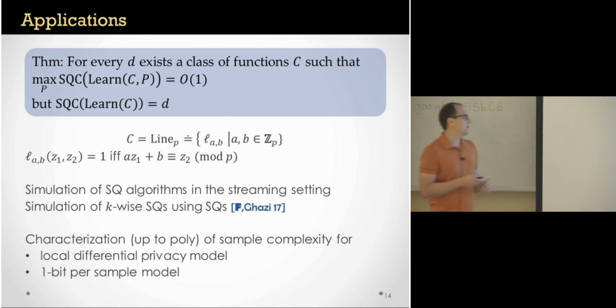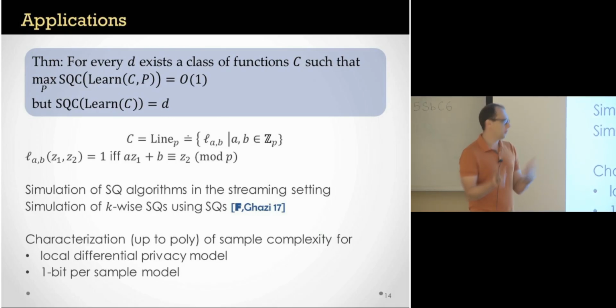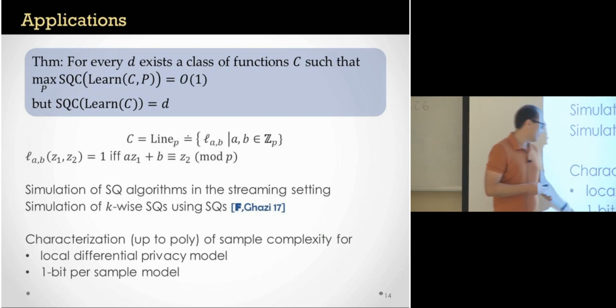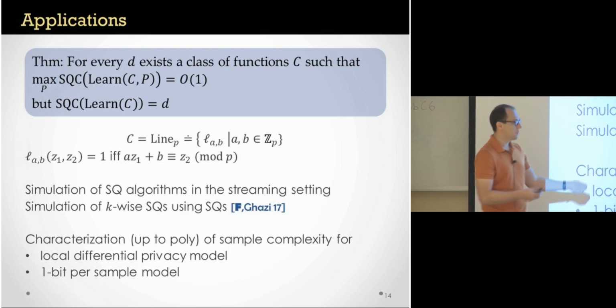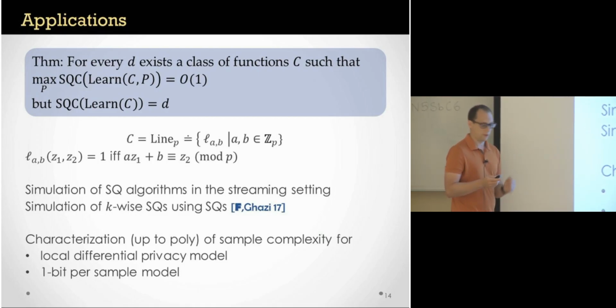And finally, we can use known equivalences between other models, such as local differential privacy and models which extract 1 bit per sample, to get a characterization of these models, although these are much less tight characterizations, but still a characterization.